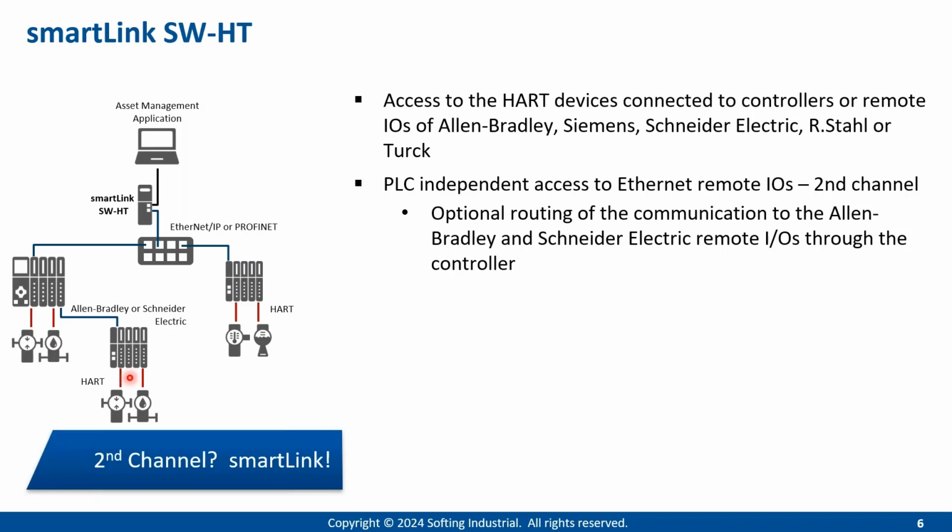So you can have a hierarchical architecture of your controller and remote IOs, and use one central access point like this one here to connect to the HART devices in the segments below it. As that, it's optional for all the others. If we talk about pure remote IOs from, let's say, Siemens or Stahl and Turck, smartLink SW-HT has to have a connection to this control network you see here in blue.